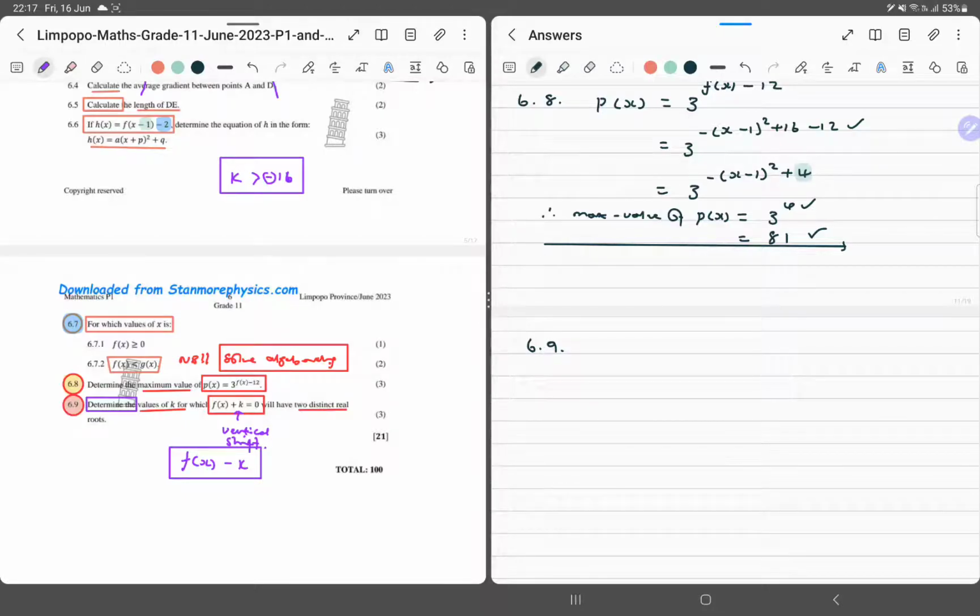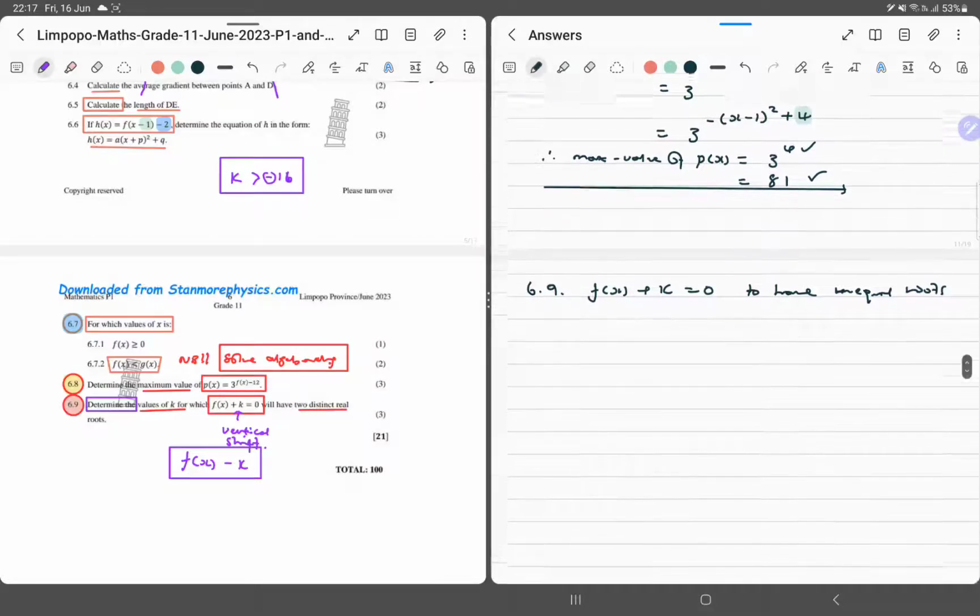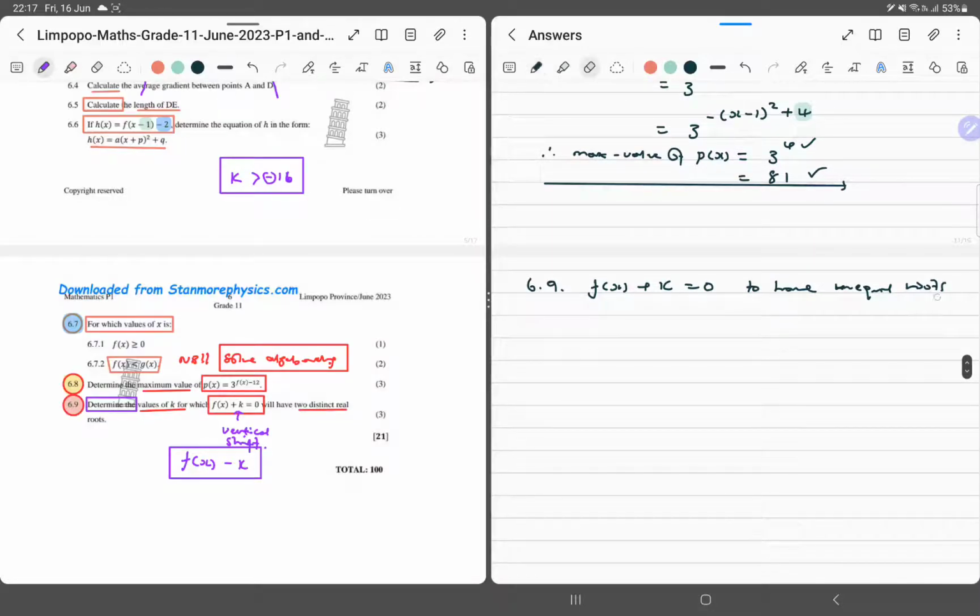we are saying here, f of x plus k equal to 0 to have unequal roots. Okay? Maybe let's not even say that. Let's just first interpret what we have.